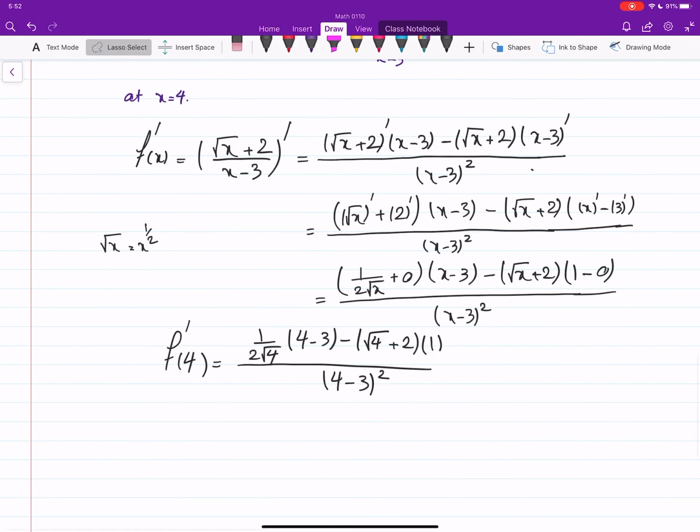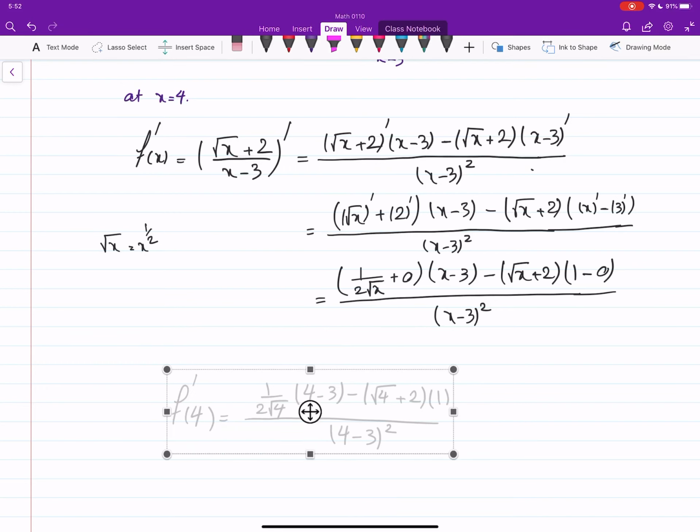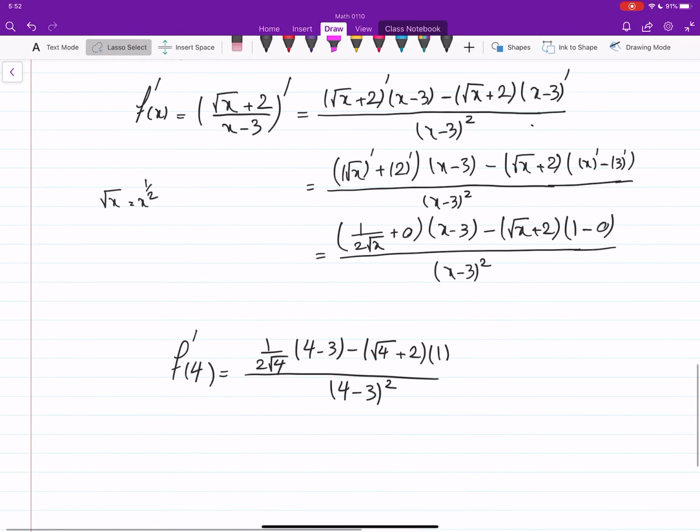Okay, and this is equal to 1 over 4, and root 4 is 2, so we have 1 over 4 minus 2 plus 2, which is 4, over 1 squared.